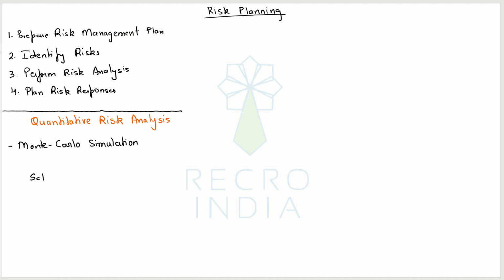Say for example, in scenario 1, I am considering that there might be a specific risk that happens, and because of that risk there are possible delays in the project. Now, we don't know exactly how much delay a risk can result in.